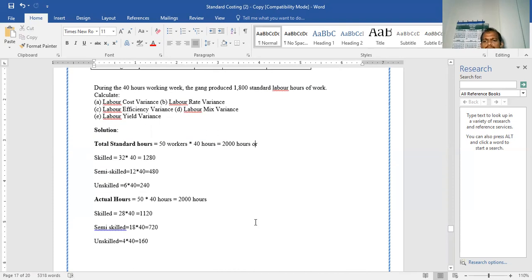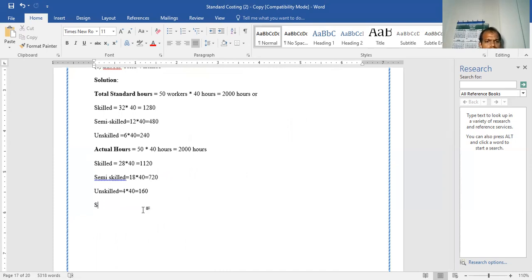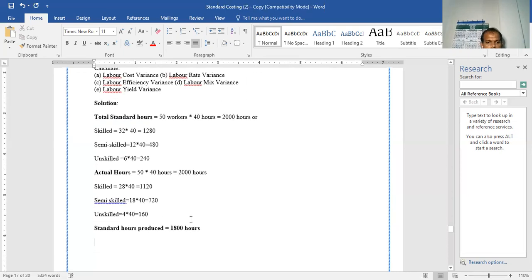So we have to find the standard hours produced. We have to rearrange the standard hours and determine the standard hours produced for each category of labor.